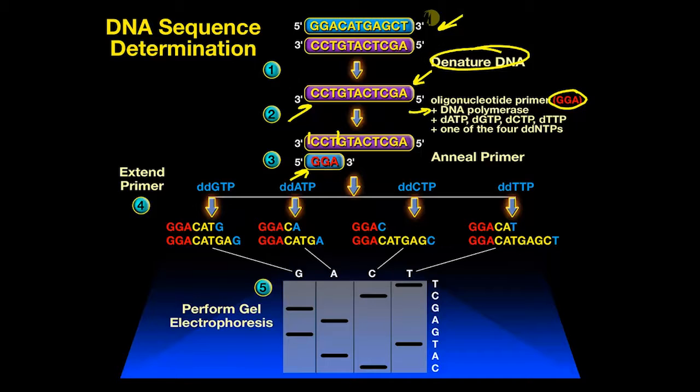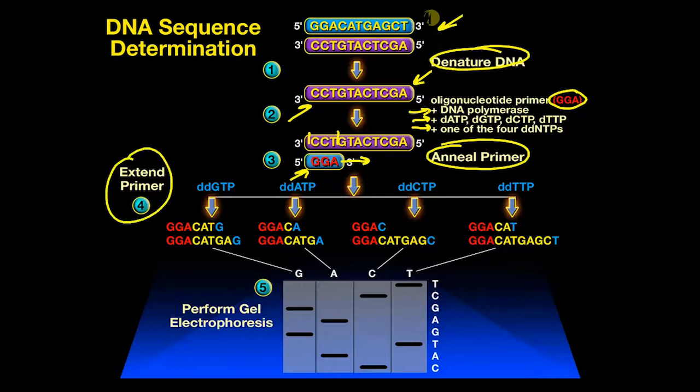We've got DNA polymerase, we've got all 4 of the NTPs, but very specifically in one tube, we've got one of the 4 dideoxy NTPs, probably in a ratio of about 1 dideoxy to 99, 1 out of 100 of the regular nucleotides. So after annealing, the primer is going to extend, right? But here's the really exciting part.